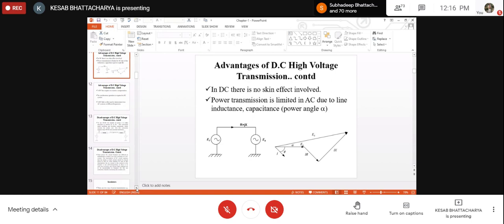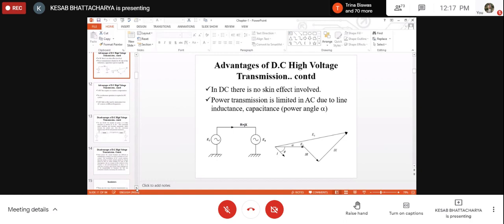If ER is the voltage at the receiving end, ES is the sending end voltage and I is the current, the phasor diagram shows the phase relationship between ES and ER. The sending end and receiving end voltages are not in phase with each other, but there is a phase difference between ES and ER, normally denoted by delta or alpha, and referred to as the power angle.